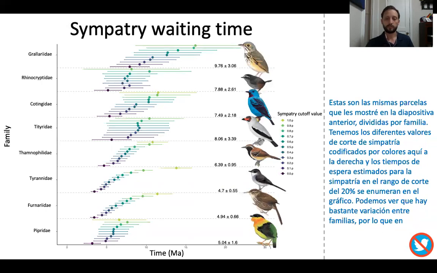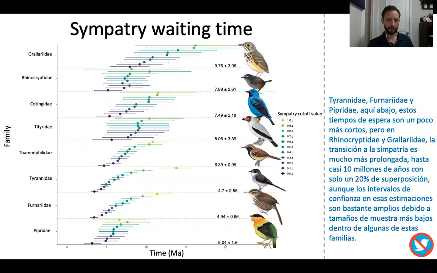So these are just the same plots that I showed you in the previous slide, but divided up by family. We've got the different sympatry cutoff values color-coded here on the right side of the plot, and the estimated waiting times to sympatry at the 20% range cutoff are listed on the plot. We can see that there's quite a bit of variation among families.